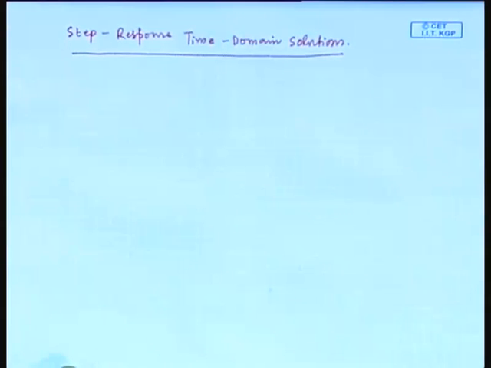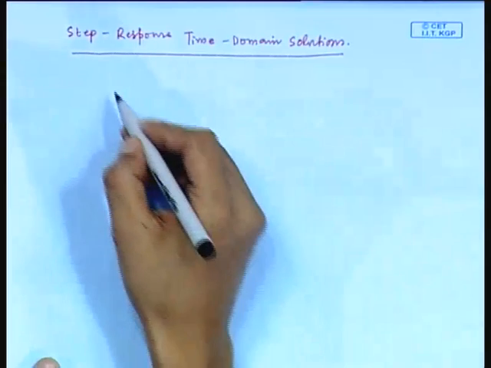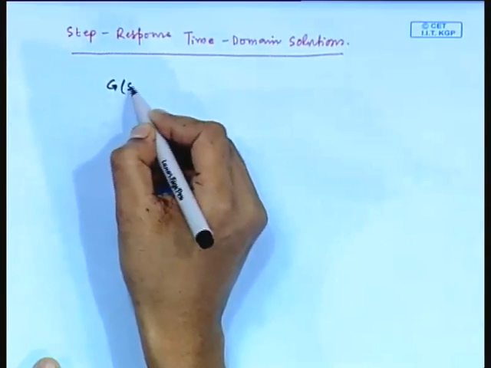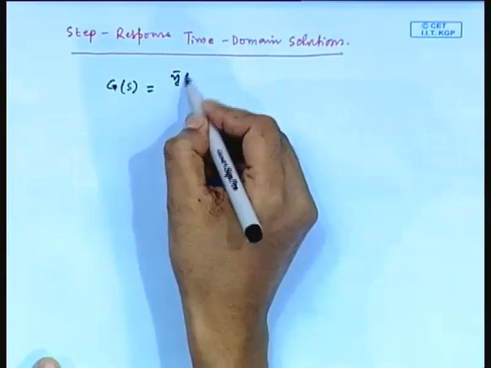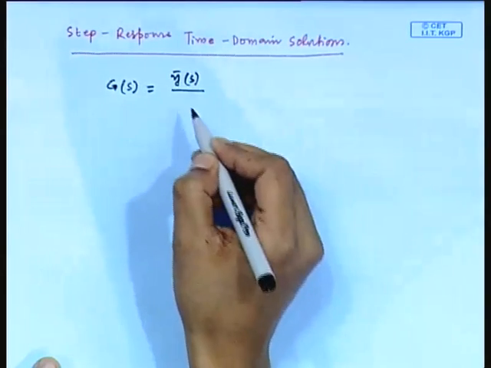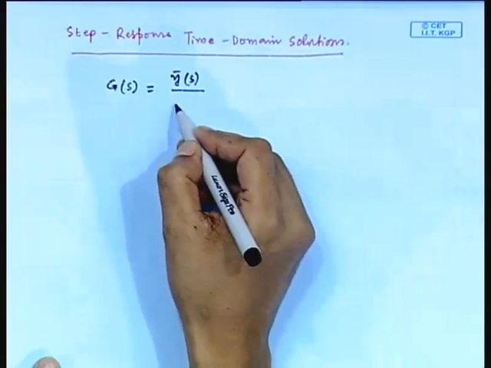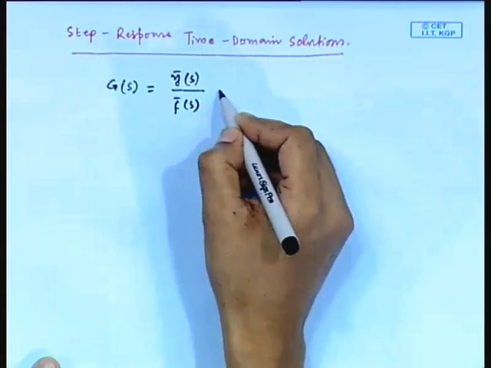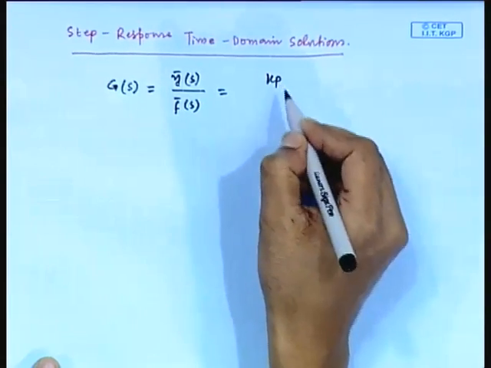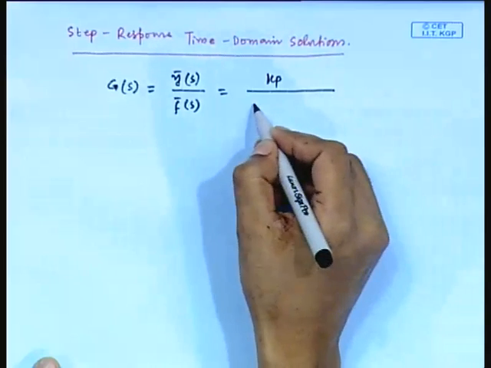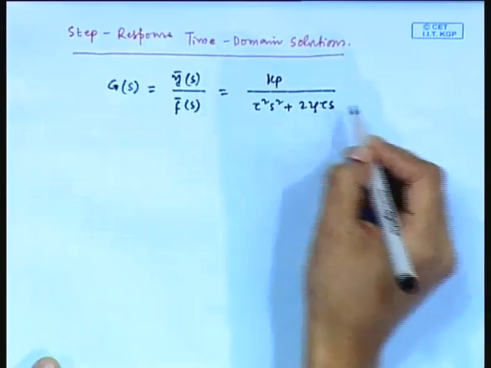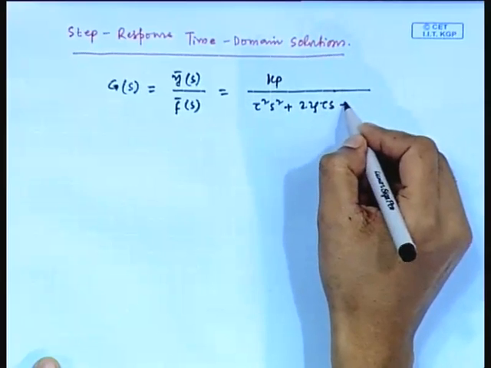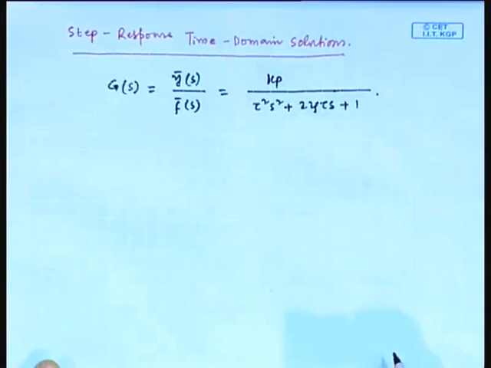Fine. Previously we derived the transfer function for the second order system, that is represented by G(s) equals y bar s divided by f bar s equals Kp divided by tau square s square plus 2 zeta tau s plus 1.